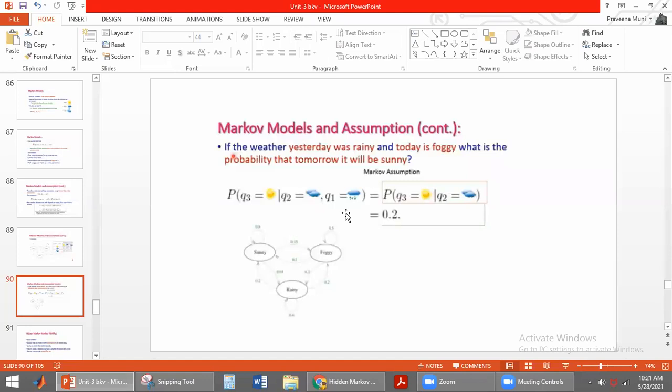From the Markov first-order assumption, we know that tomorrow's weather depends only on today's weather. So the probability that Q3 is sunny, given that Q2 is foggy, is 0.2. So using the first-order Markov process, we know that tomorrow's weather depends only on today's weather.